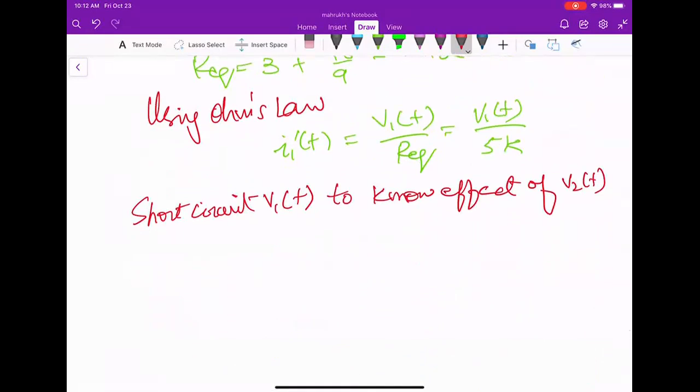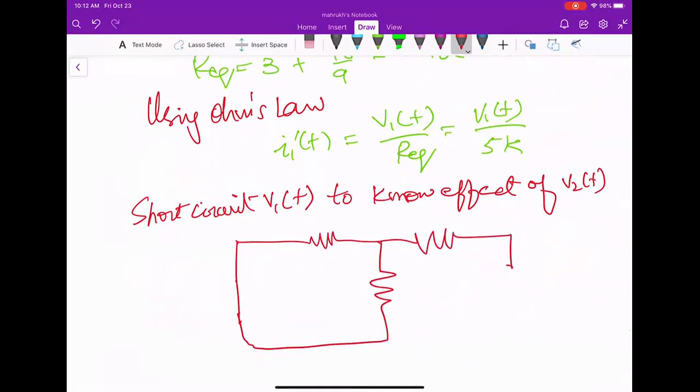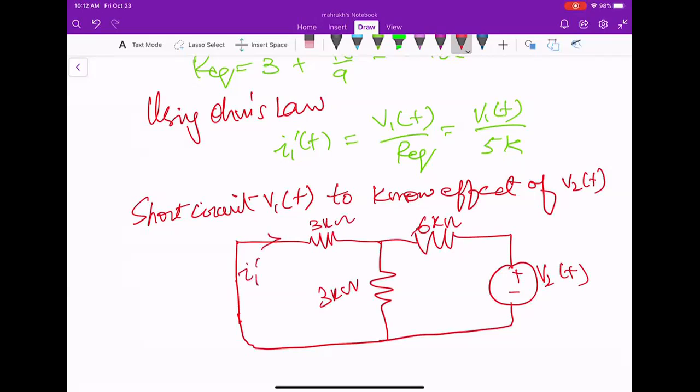Okay, let's do that. I'm not changing the directions of currents. So this is my I1 dash of t, and this is my I2 dash of t.